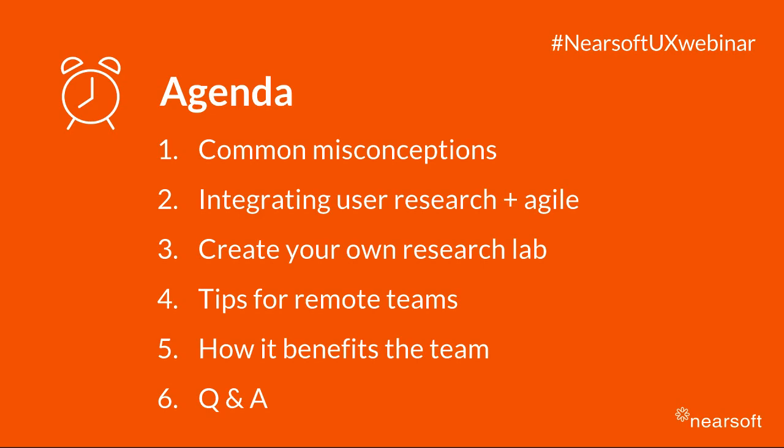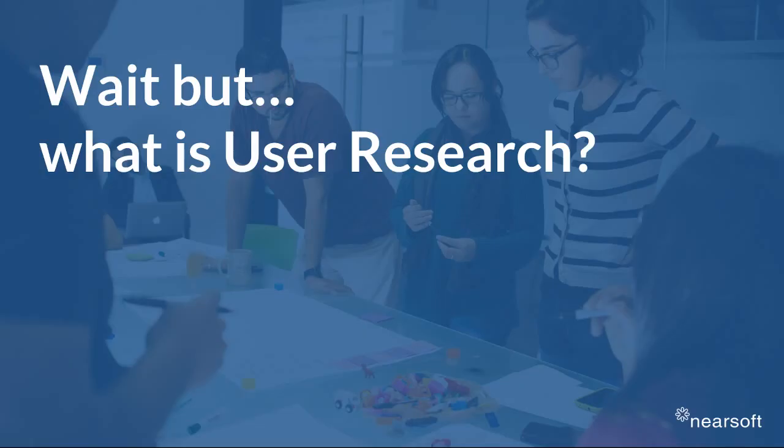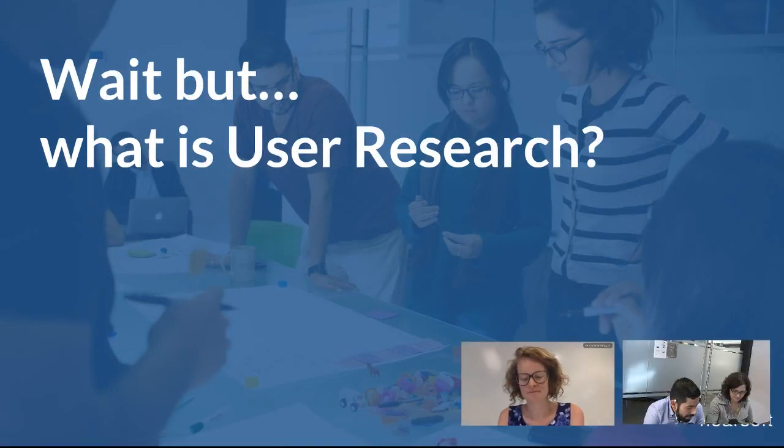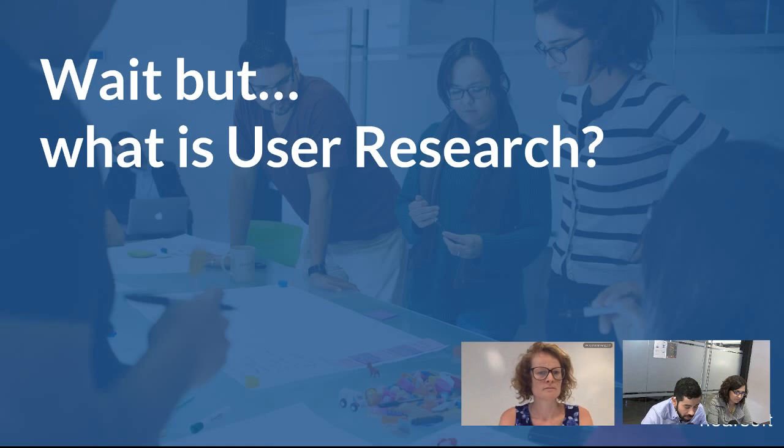So tell us, guys, as we get started, the first question is just the very basics. What is user research? Right. So it seems like user research and the agile practices exist separately, each one on its own. And then the challenge comes when you try to do user research in agile teams.